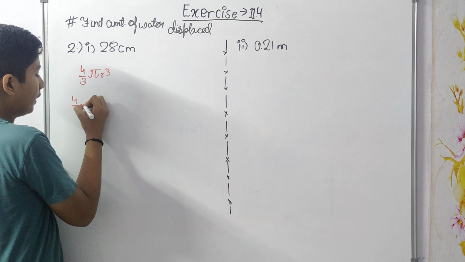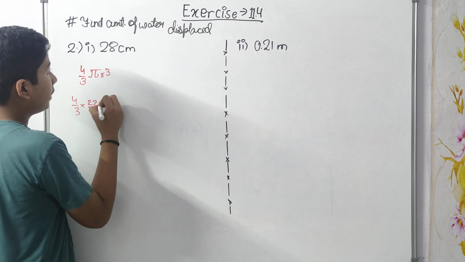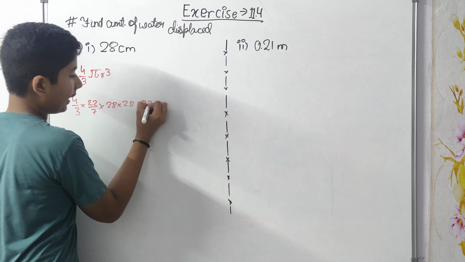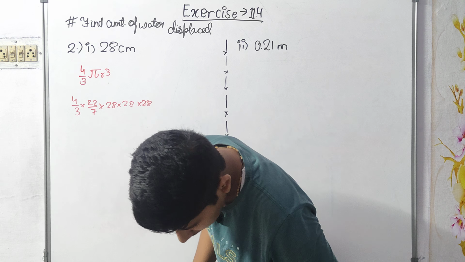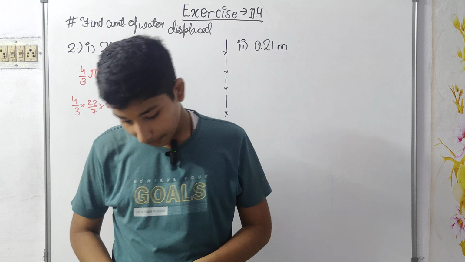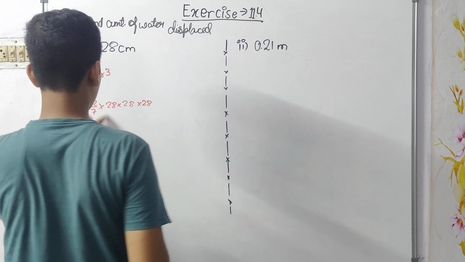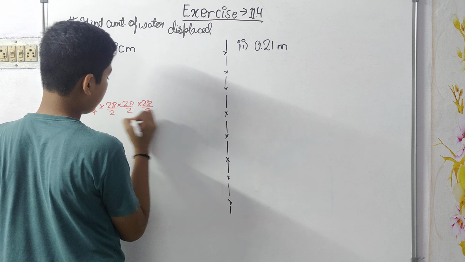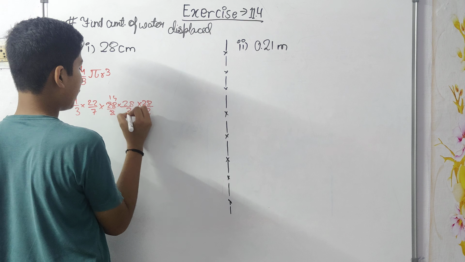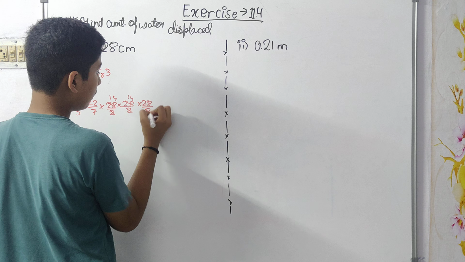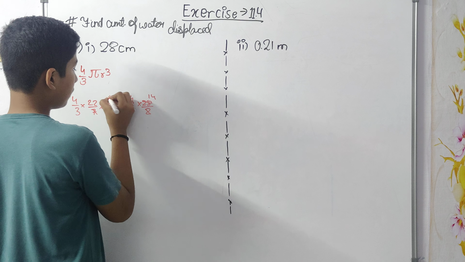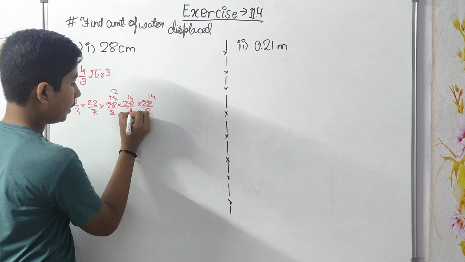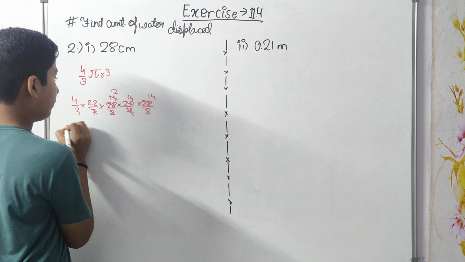Now volume is again 4 by 3 pi r cube. 4 by 3 into 22 by 7 into 28 into 28 into 28. Now wait, is it the diameter? So we will have to find the radius. So 2 by 2 by 2, it would be 14, 14, 14, 2 times, and this 3 will stay in the denominator only.